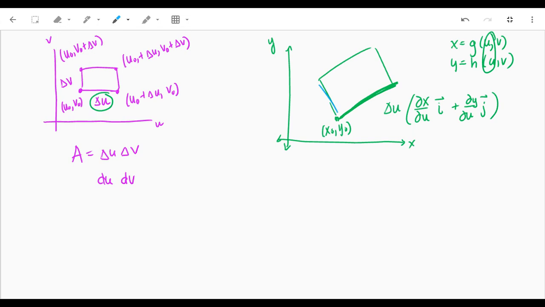This other side, in blue, might correspond to this side here. We take that delta v that was in the UV plane and figure out how that transforms, because u is constant there. So we'd have dx dv in the i direction and dy dv in the j direction.